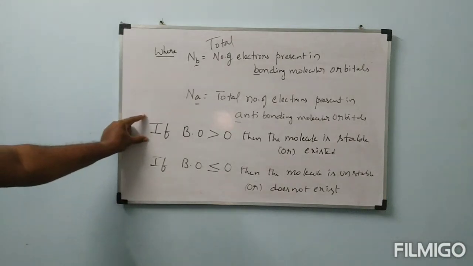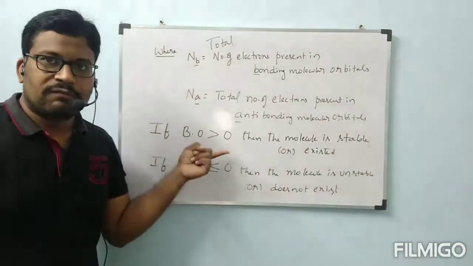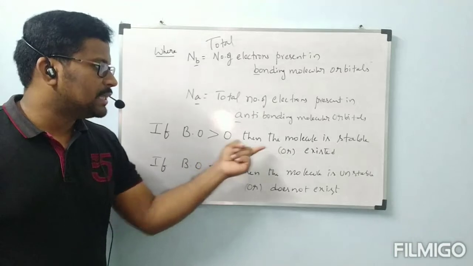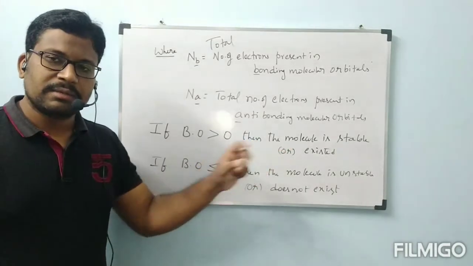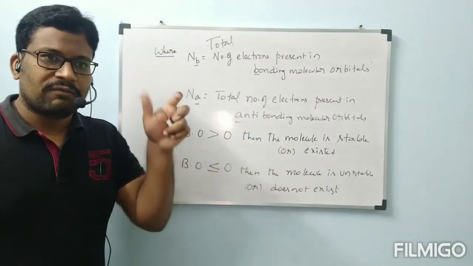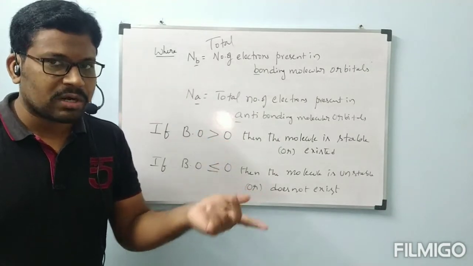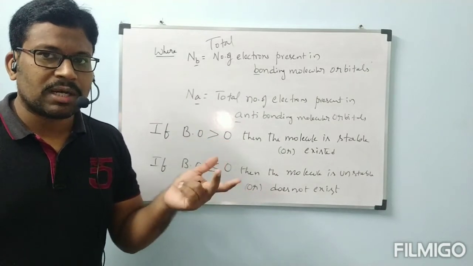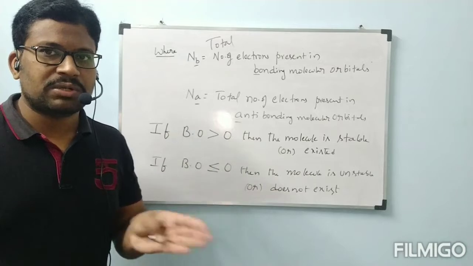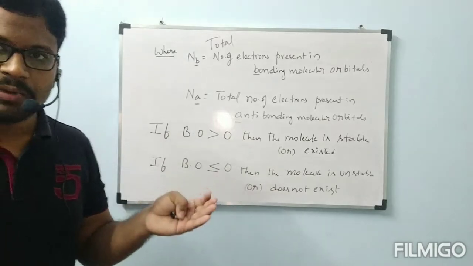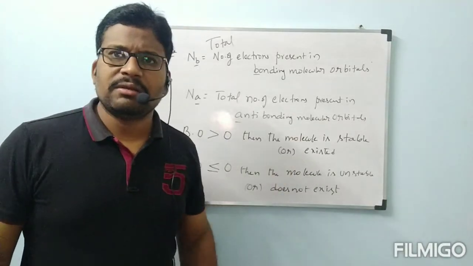If bond order is greater than 0, then the molecule is stable or existed. That means if you have written the molecular orbital electronic configuration and checked the bond order value, and that bond order is greater than 0, that means 1, 2, 3 like that, or 1.5, 2.5, whatever it might be, then the molecule will exist.